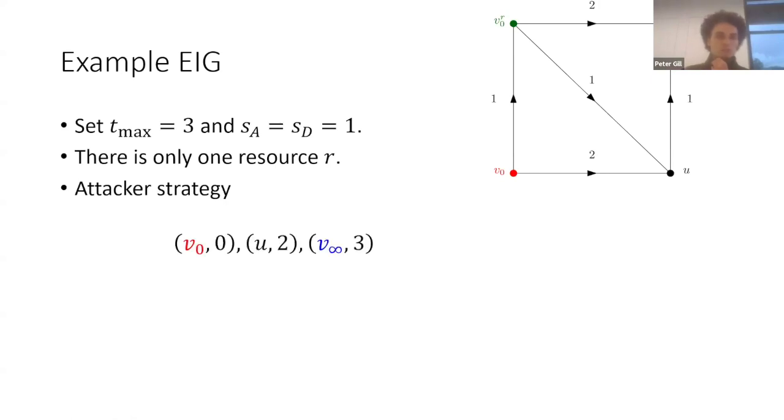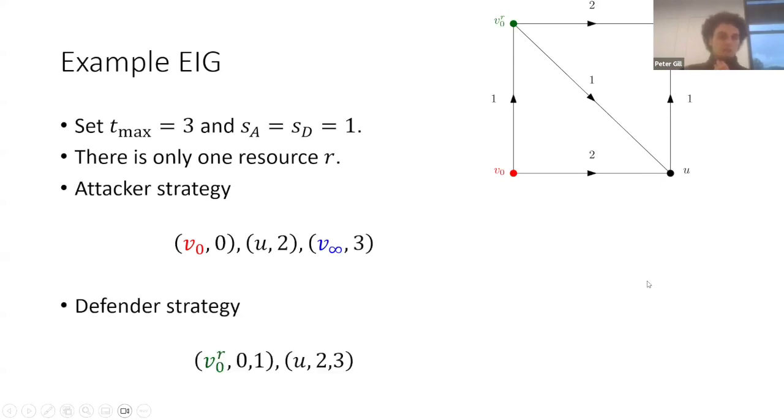For the attacker strategy, one way they could do it is they travel along that bottom edge, which takes 2 units of time because they have speed 1, and then move up. So that's one strategy. For the defender strategy, to interdict that, they need to be on that node U at time 2. So they can do that there.